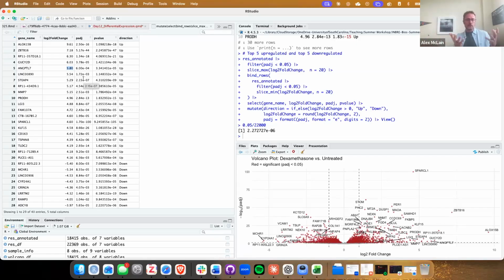So that's kind of the difference between the Bonferroni procedure and the BH procedure. We would miss some of these situations where we have a large log 2 fold change, but for one reason or another, we did not end up getting a p-value that got to that very, very low level that we need, that 2.5 times 10 to the negative 6.